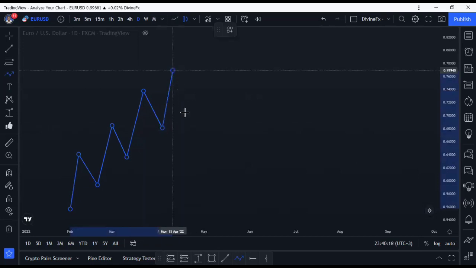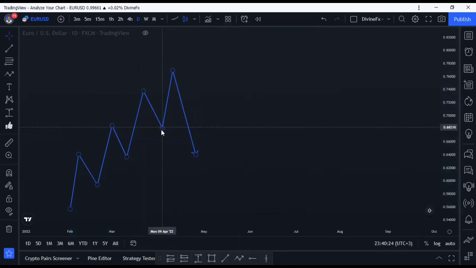Then the market came and broke this lower low here. After breaking this lower low, automatically we say that the trend has shifted from an uptrend to the downtrend.